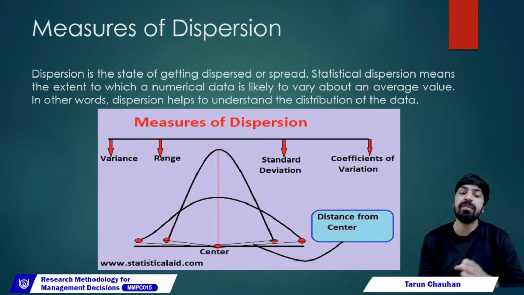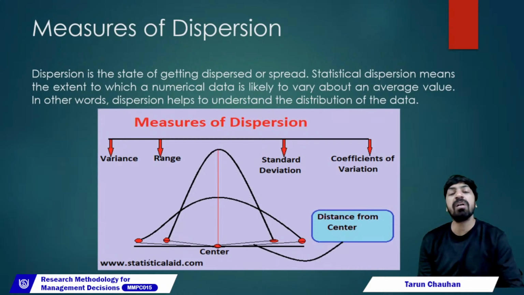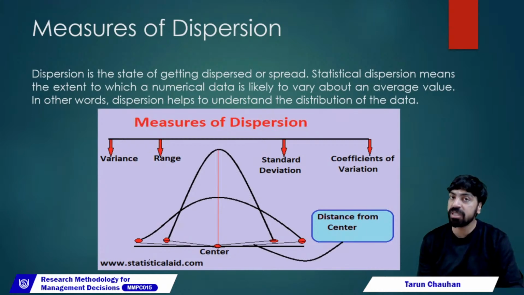The difference between the median and the end point of the skewed distribution, we can use to calculate the variance and range. On the right side of the median, we can calculate the standard deviation and the coefficient of variation. Whatever the distance from the center, we can calculate from the median, standard deviation, mean, coefficient of variation, mean deviations, all through these differences in the diagrams.